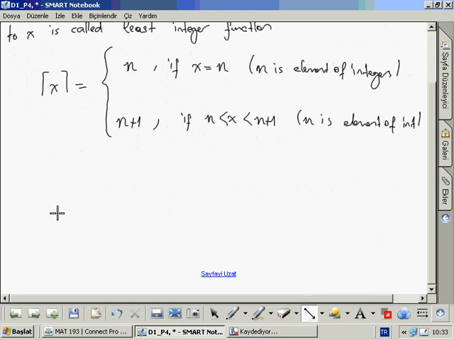So let's sketch it. This point is -1 on the x-axis, and this is +1, and there is a hole on the +1, and like that.